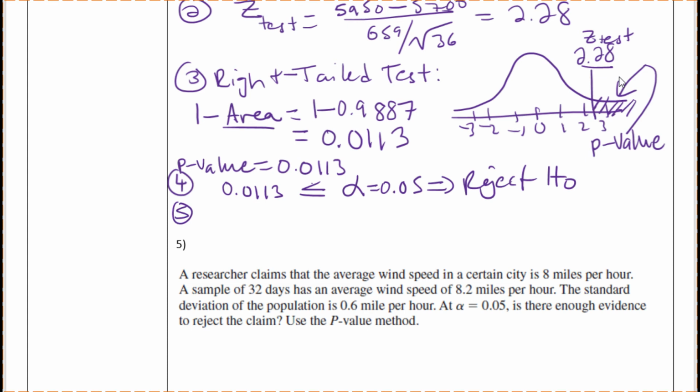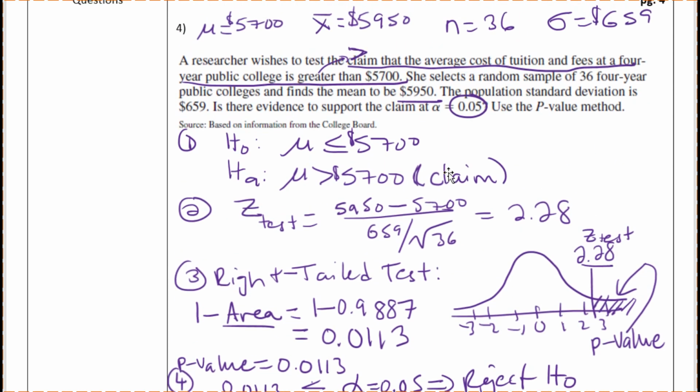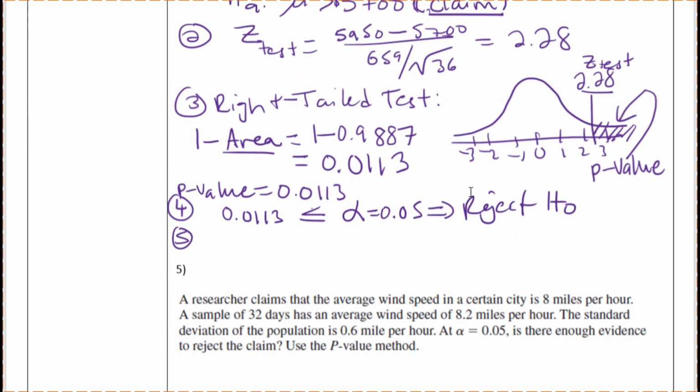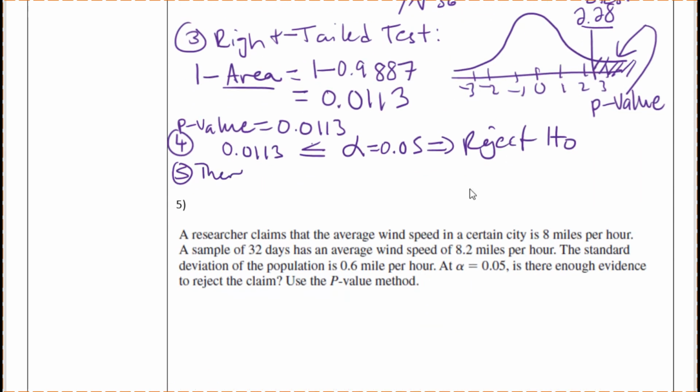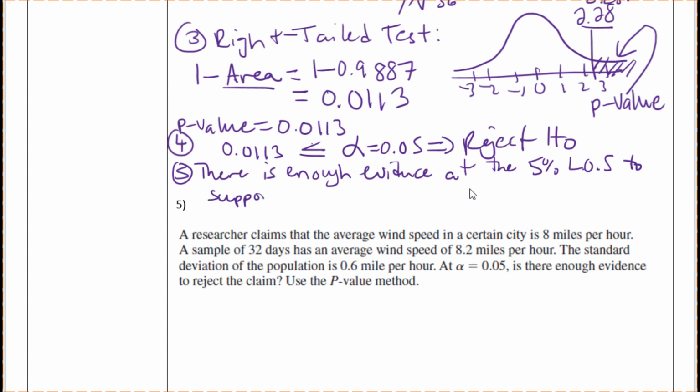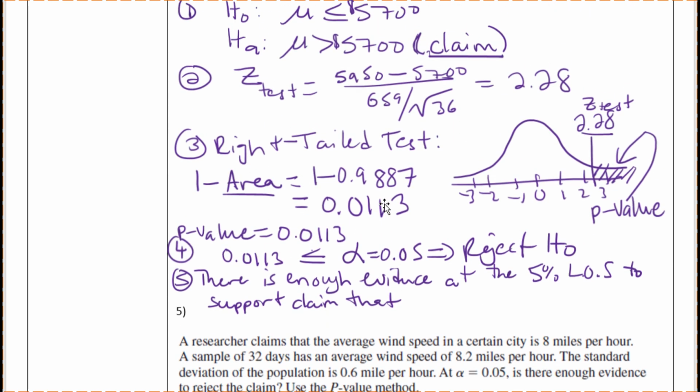So therefore we reject. Since we reject, we use the phrase there is sufficient evidence, or there is enough evidence. Since the claim belongs to the HA, that means we're going to be using the word support. So there is enough evidence at the 5% level of significance to support the claim.